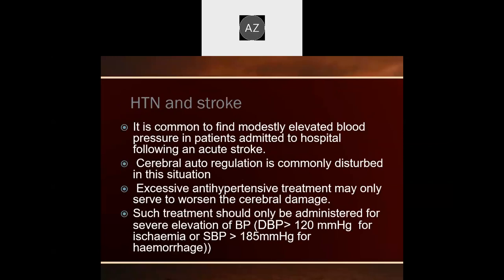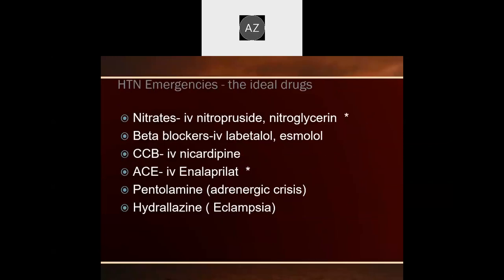With the stroke, of course, it worsens as we go. This is the hypertensive emergency. And then you just need to give IV nitrates. You can give sodium nitroprusside. You can give nitroglycerin. You can give labetalol, esmolol. You can give calcium channel blockers, nicardipine, and then you can give enalapril.